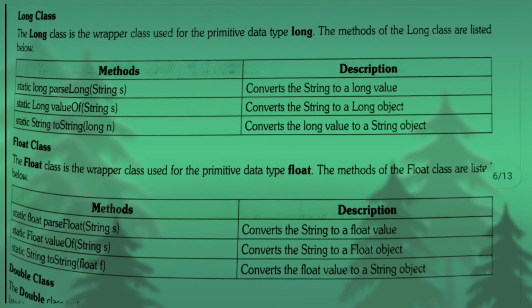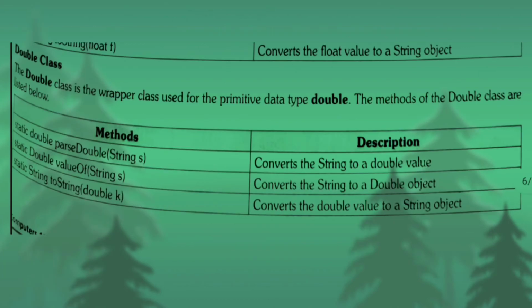Next we have the Long class, and here we have parseLong, valueOf and toString. Then the Float class is there, parseFloat, valueOf and toString method is there. Then we have the Double class, and in the Double class we have parseDouble, valueOf and toString method. So these methods you can use with any of the wrapper classes.